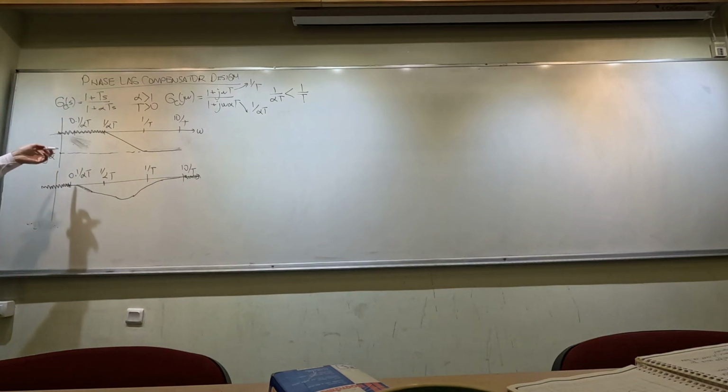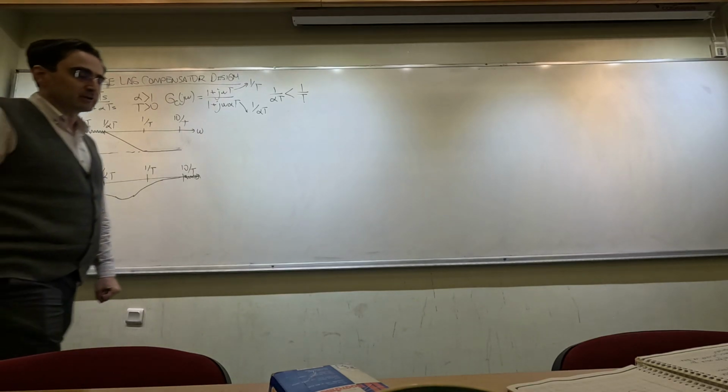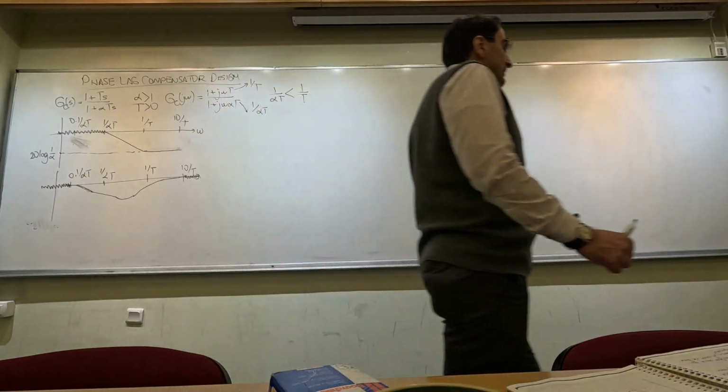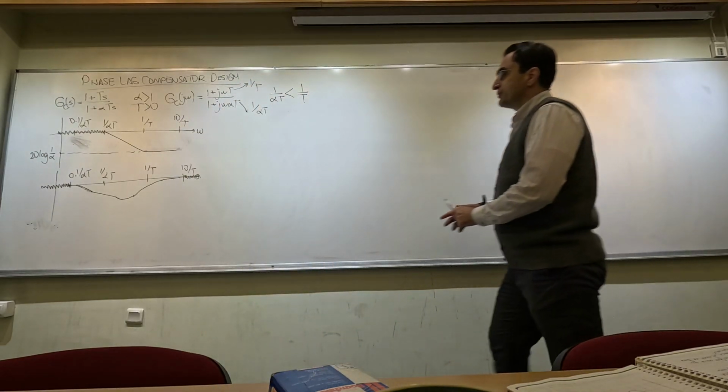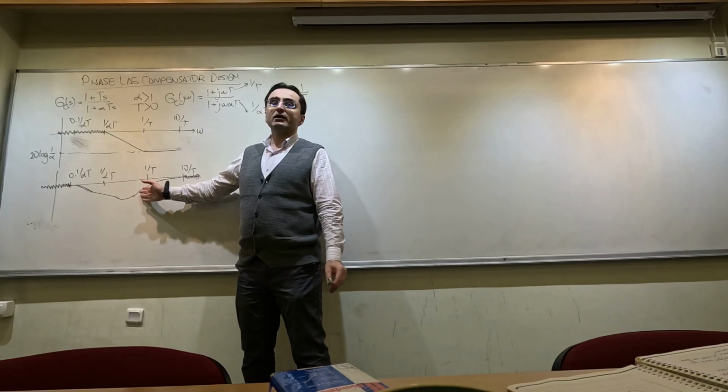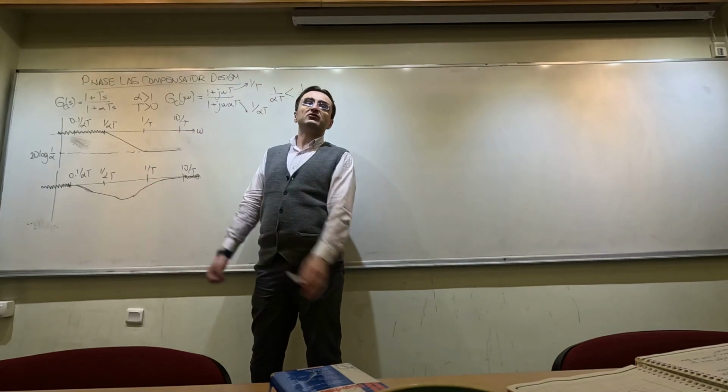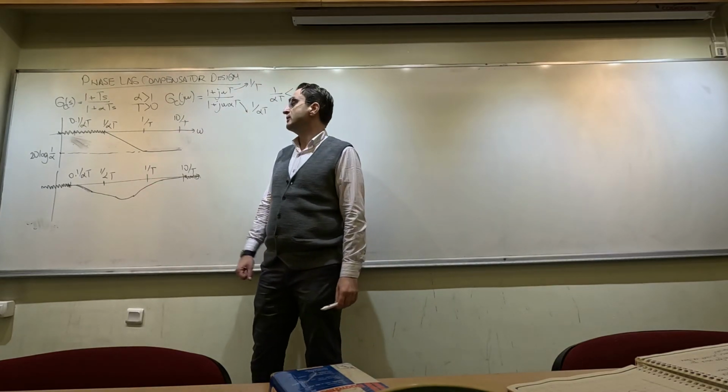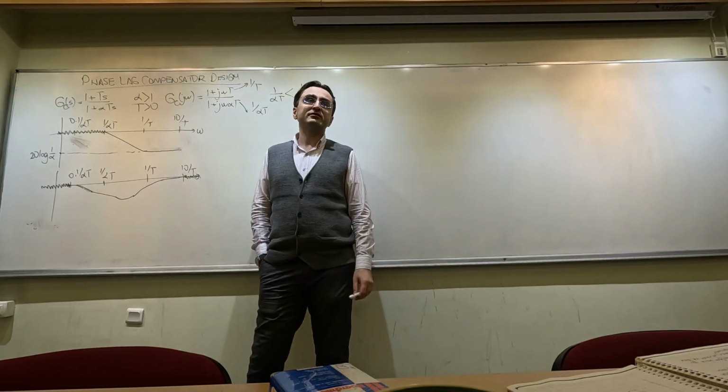This is the frequency response of a phase lag compensator, and it is exactly the reverse of, or the negative of, the phase lead compensator. In the phase lead compensator, we used phase in order to increase the phase margin of the system, and the magnitude was a side effect.